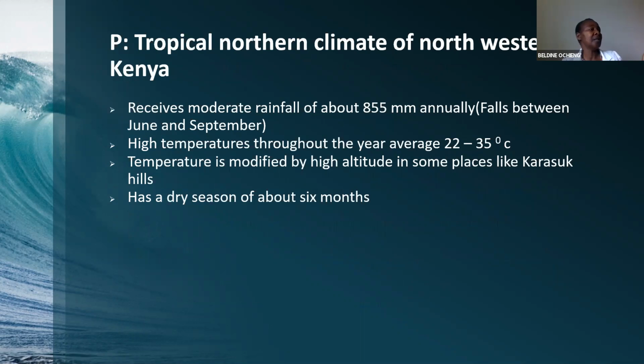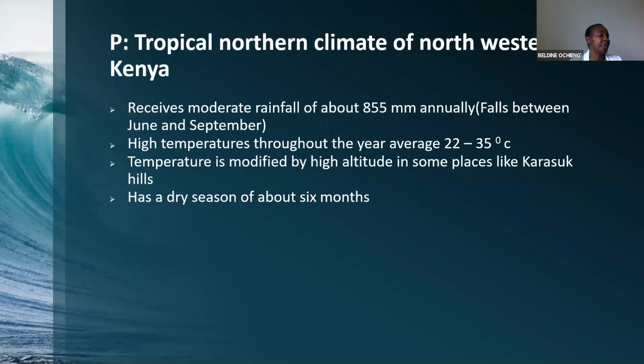In your mind, you can figure out where we have Mount Elgon, that strip, the border of Uganda. That is northwestern Kenya. So the characteristics of the climate in this region include the following. It receives moderate rainfall of about 855 millimeters annually, and it falls between June and September.